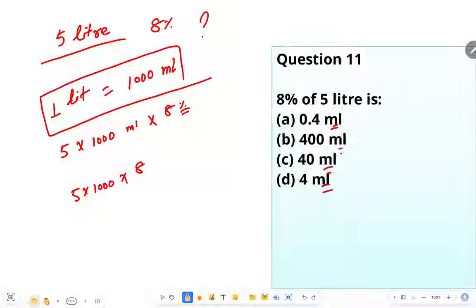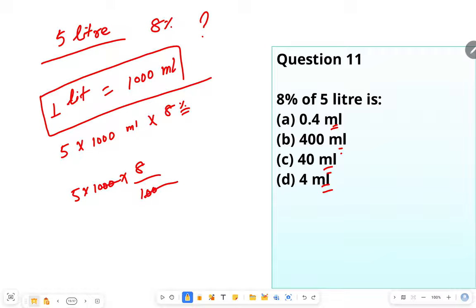You have to remove this percentage, then it will give 100 in the bottom. We have already learned this in lecture number one. If you did not watch that lecture, please go and watch it, right? So we remove this percentage, and we get this 100 in the denominator.